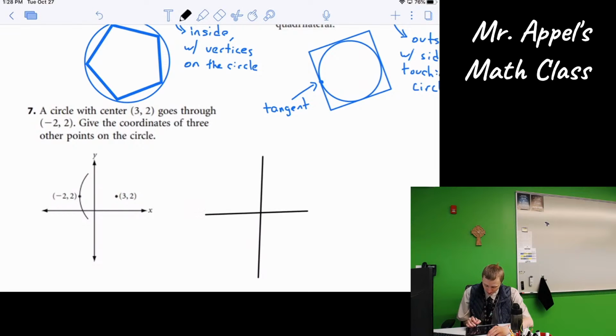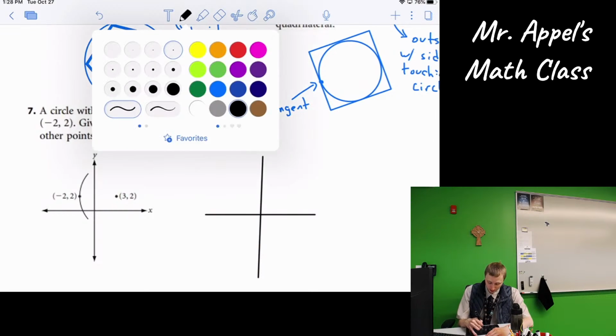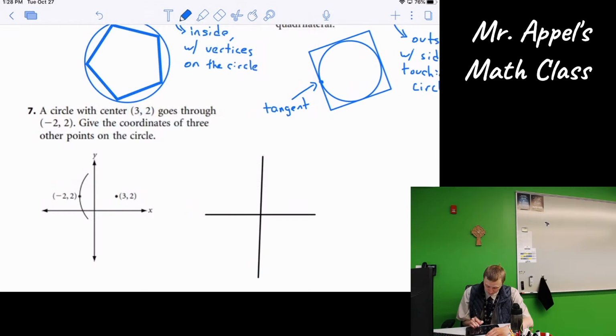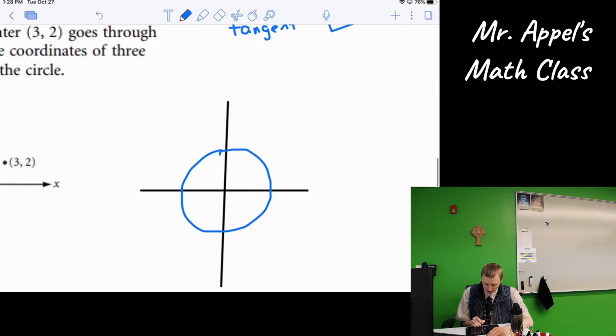If I have the unit circle, so centered at the origin, 0, 0 right there, and my radius is 1, okay? So it's going to go through the x-axis right here at 1, 0.